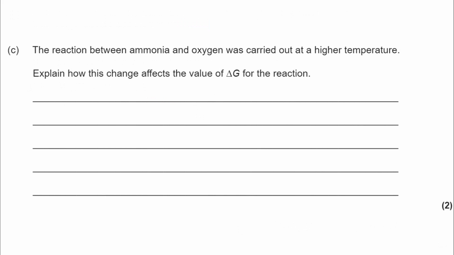Okay, moving on to part C. So the reaction between ammonia and oxygen was carried out at a higher temperature. How would this change affect the value of delta G for the reaction? Well, let's start again by writing out the expression. Delta G is delta H, take T delta S. In this situation, we know that delta H is negative, and we are taking away T delta S. Now T is always positive because T is in Kelvin, and the lowest temperature on the Kelvin scale is 0.